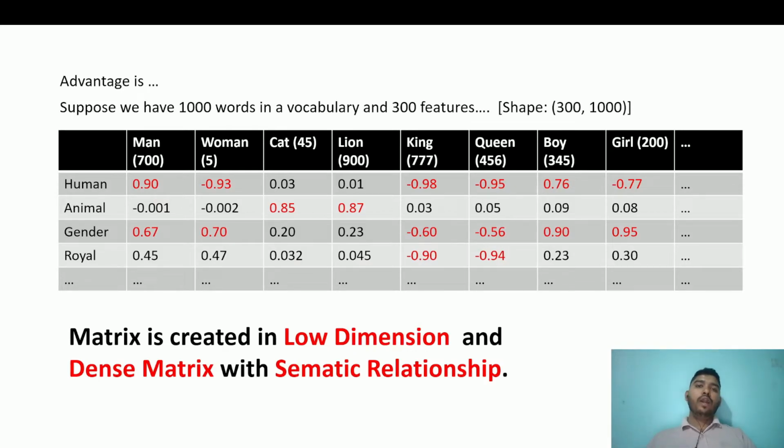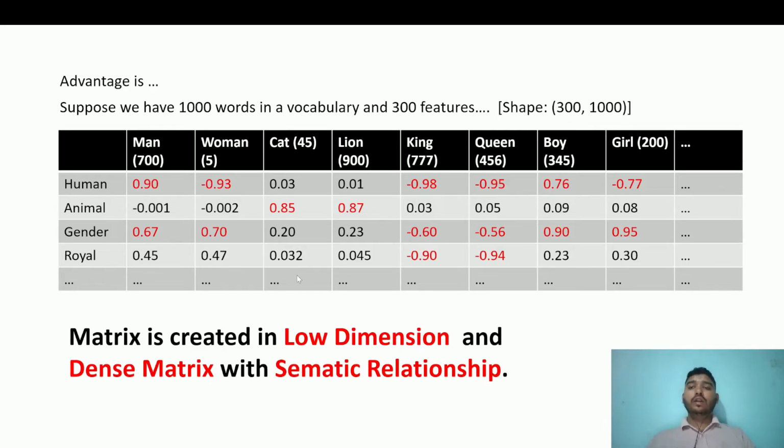So now you can understand that word embedding is highly efficient, as it converts higher dimension into lower dimension. It converts sparse matrix into dense matrix. Also it preserves semantic as well as syntactic relationships between the words.